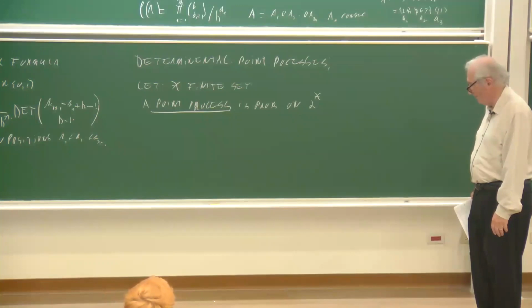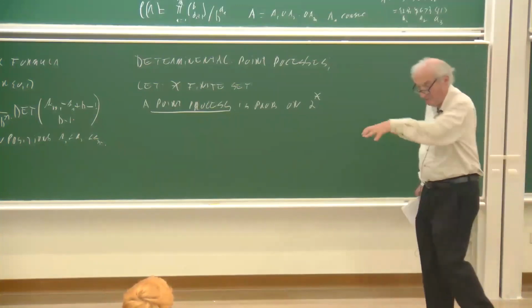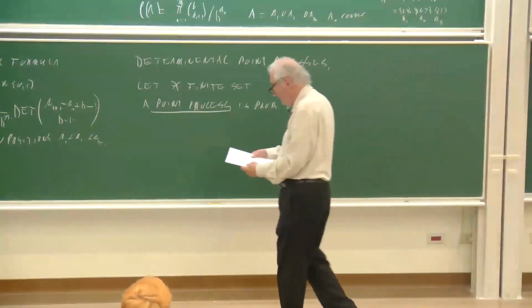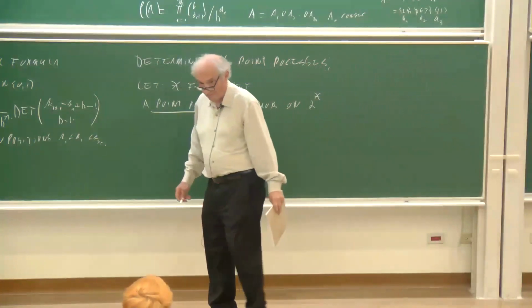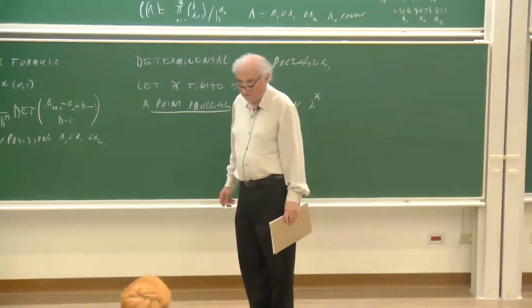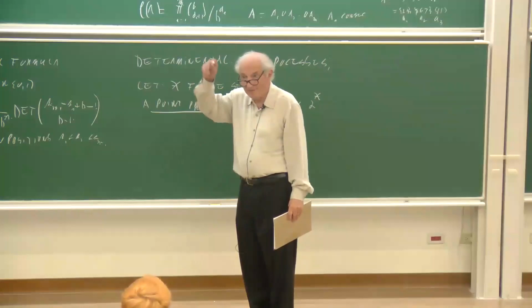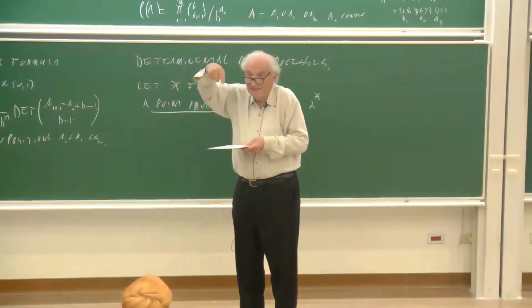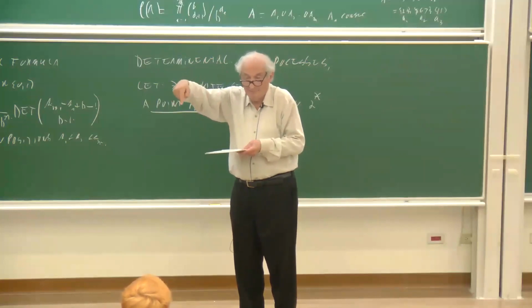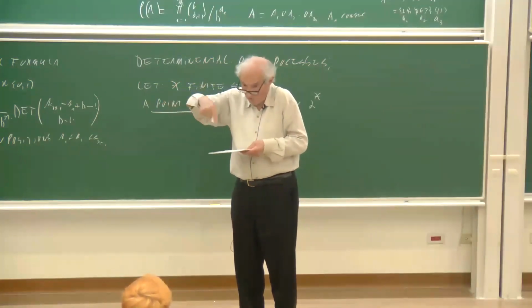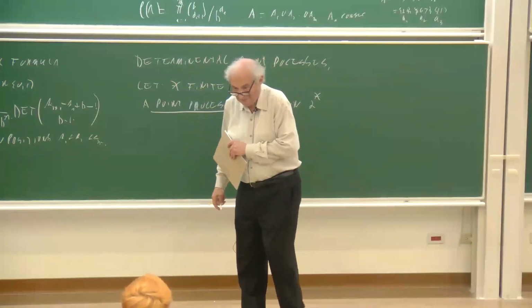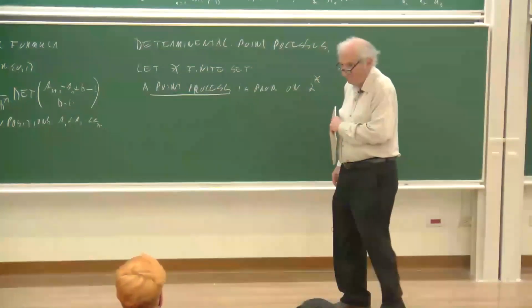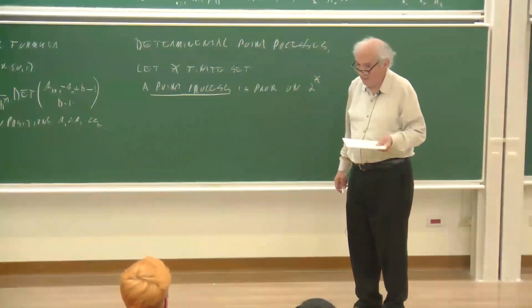So a point process is a probability on all subsets of a given underlying space, and it's P of A for any subset, like the midpoint and the right-hand corner. There's assigned a number P of A, which depends on A, of course. You have to say what P is.